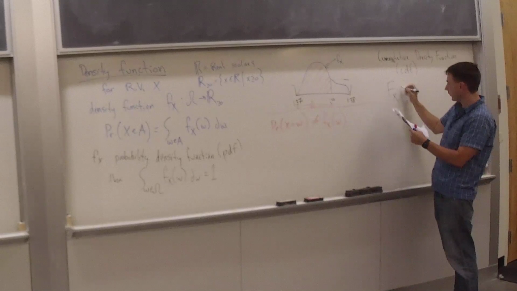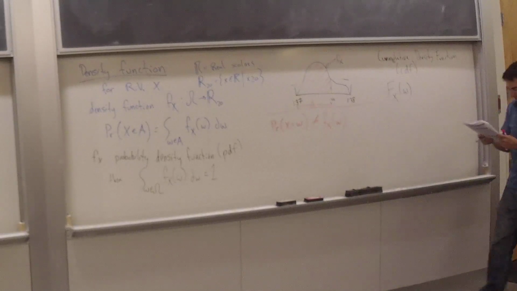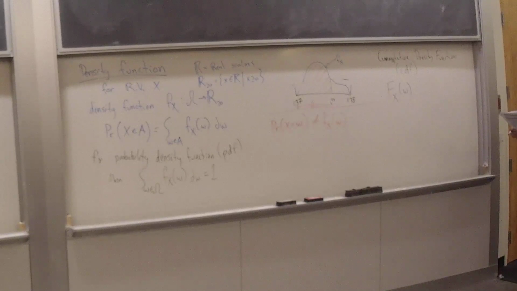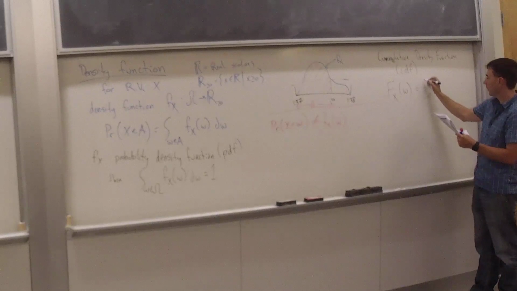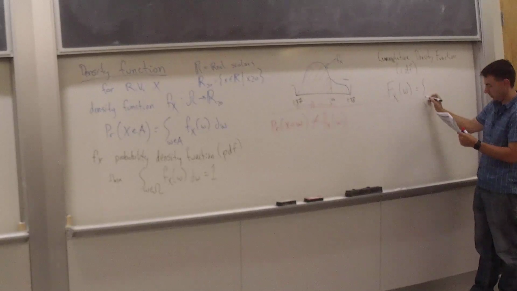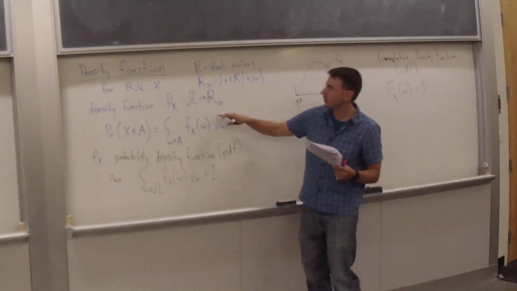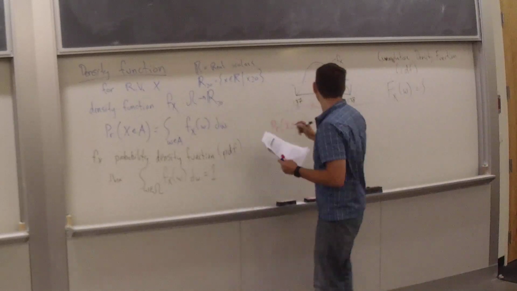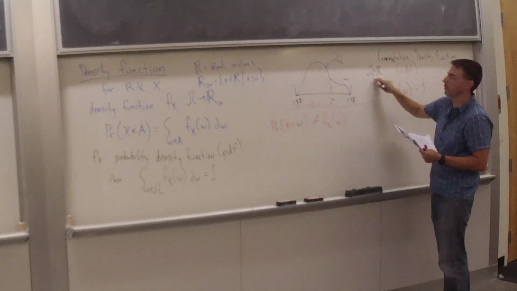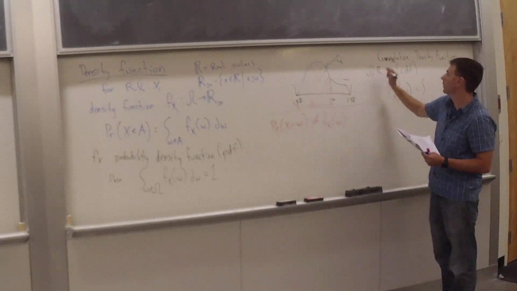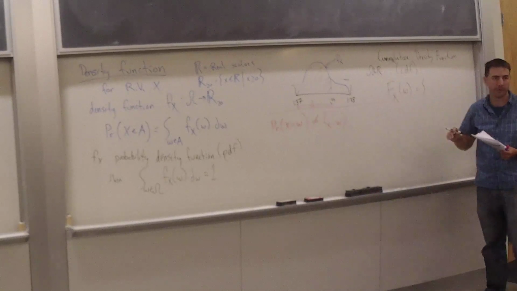Let's write this for some t here. This is going to be equal to the integral. Remember, this will make sense when the domain is equal to R, or is a subset of the real numbers.